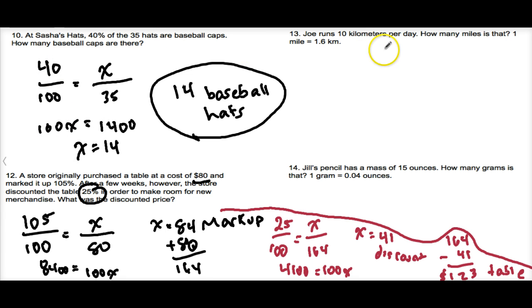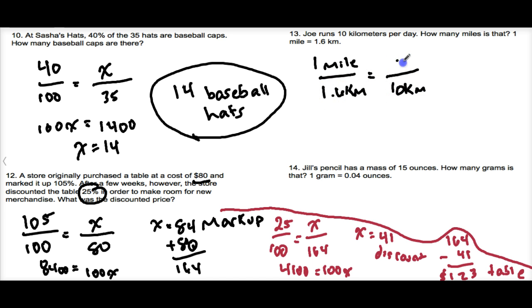Next one, Joe runs 10 kilometers per day. How many miles is that? So again, when we're doing the cross system problems, you're going to be given the conversion rate. So 1 mile is equal to 1.6 kilometers. People have been asking me what the abbreviation for mile is. There really isn't one. It's only 4 letters, so you might as well just go ahead and write it. So 10 kilometers, which is a very popular race, by the way, a 10K race.